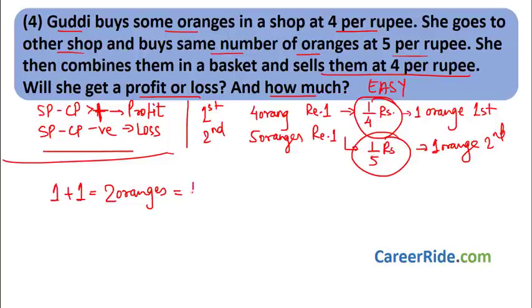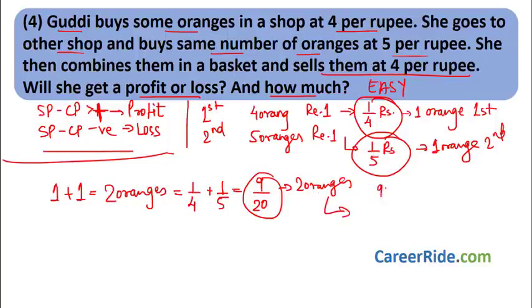The first orange's price is 1 by 4, the second orange's price is 1 by 5, that would be 9 upon 20, right? So this is the price of 2 oranges. Now while selling, she does not sell them separately, she sells them combined. So what will be the price of one orange? We know the price of 2 oranges is 9 by 20. So the price of one orange is simply 9 by 20 divided by 2, right? So that would be 9 upon 40.